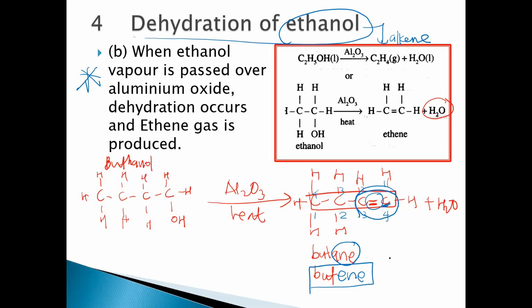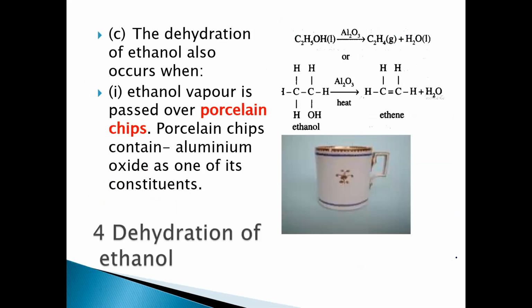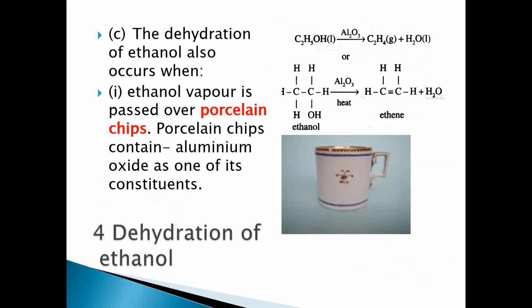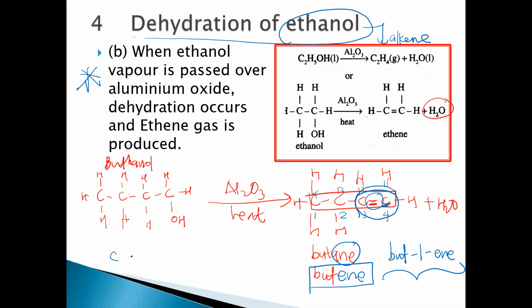So kalau cikgu nak namakan dia, but-1-ene. Dash one, dash ene. Correct. But-1-ene. Okay, so let's look at teacher, kalau buat but-2-ene tu tak ada ke? Kalau nak buat but-2-ene tu boleh. Tetapi that means when I drew it just now, cikgu punya OH dekat sini, H dekat sini.